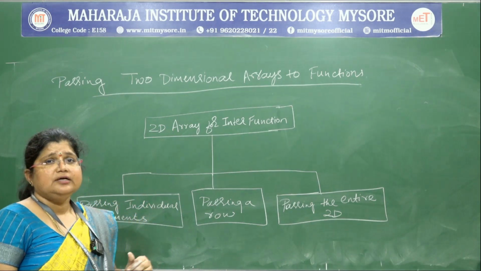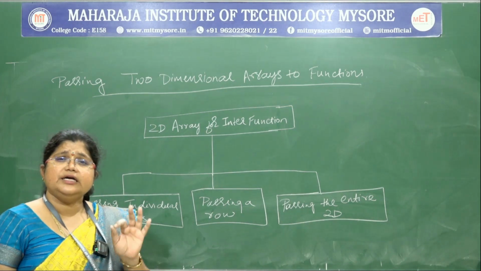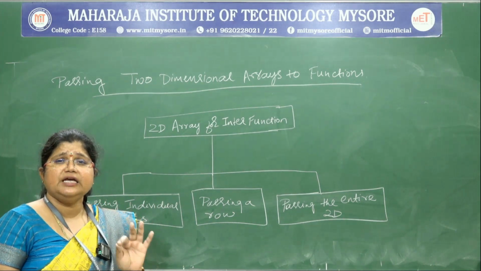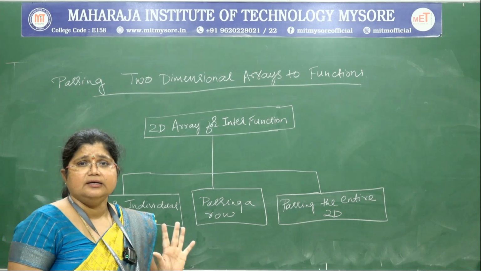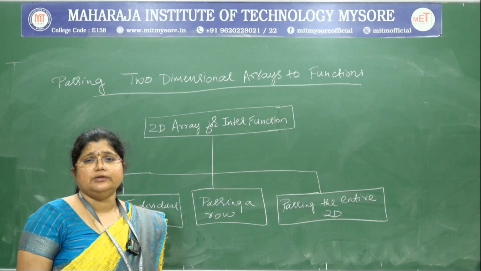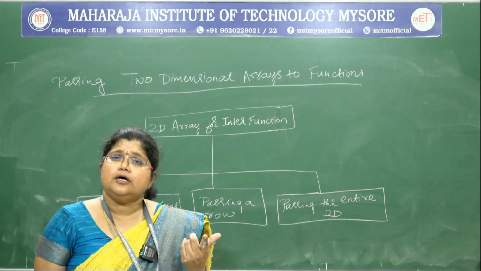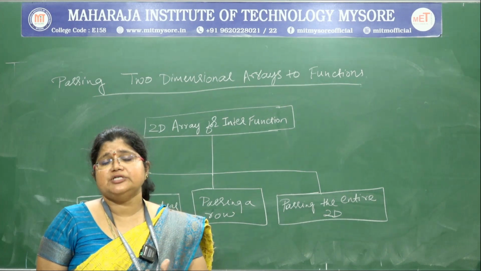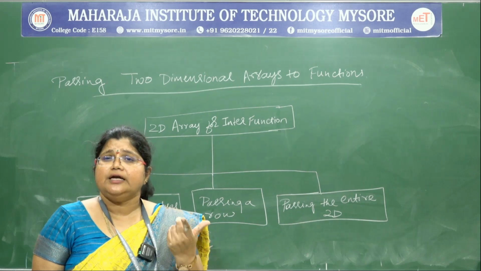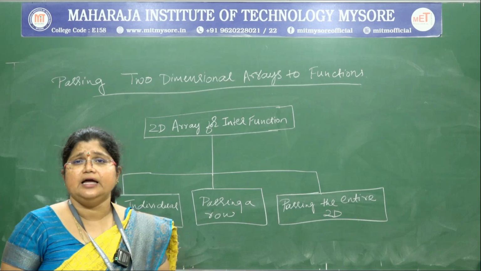Passing individual elements is just similar to passing individual elements of a single-dimensional array. The second concept here is passing the row values. Whenever we are passing the parameters in the row format, that is, from a two-dimensional array we are passing the row value to the function, it is just like passing a single-dimensional array's data elements.